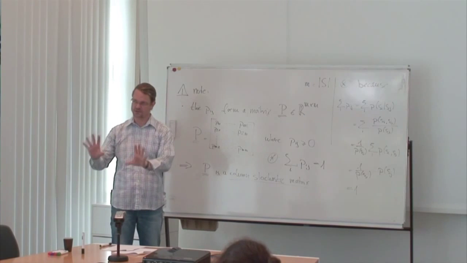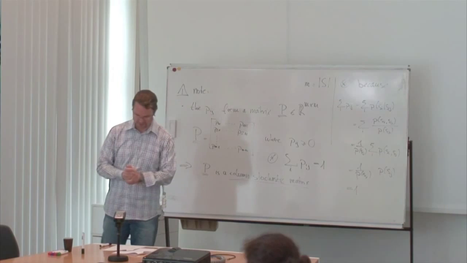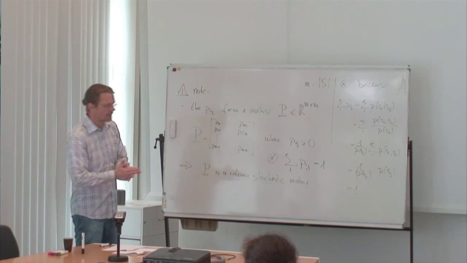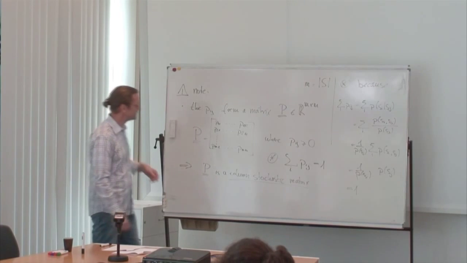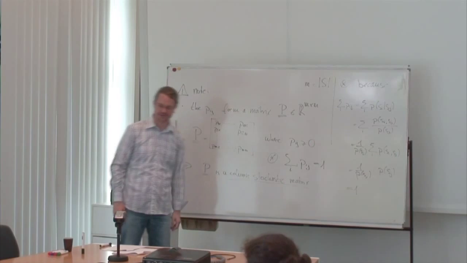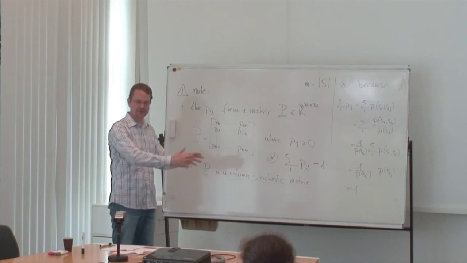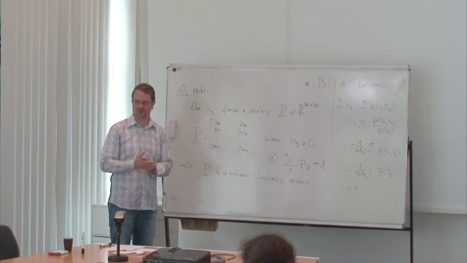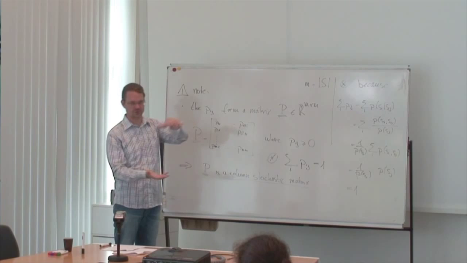If both these things are given, then we are talking about a column stochastic matrix. And now this is why I write the P_ij like this, because I like my matrices to be column stochastic, but in the literature on Markov chains, you usually find them to be row stochastic.